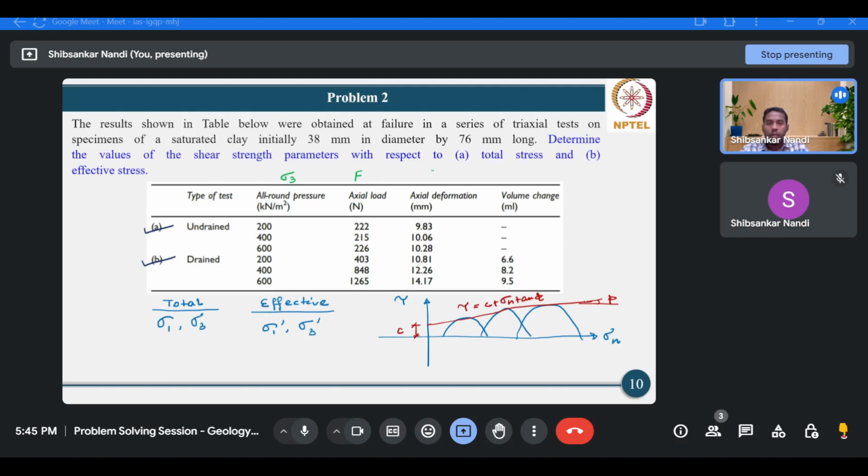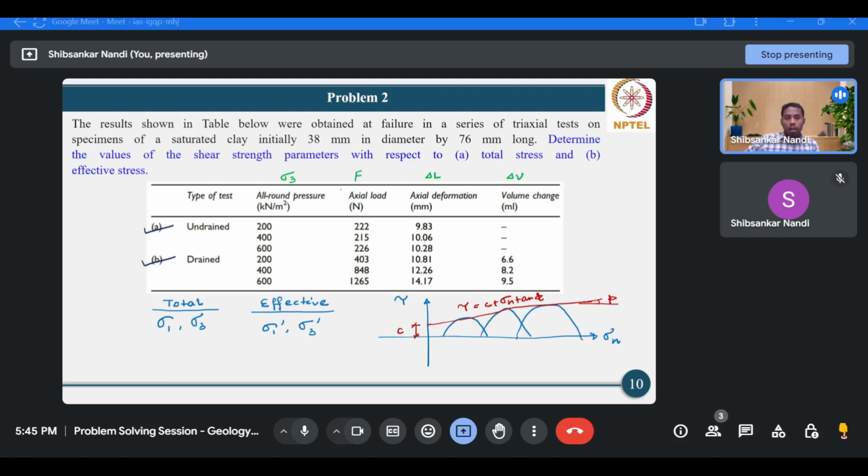This axial deformation, delta L, and this volume change, delta V, will help determine the modified or corrected area that is required to calculate the deviator stress or the axial stress.